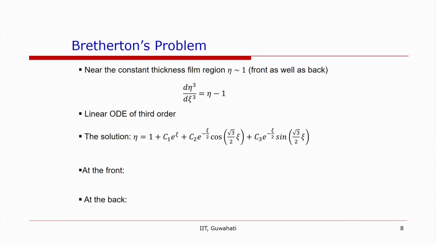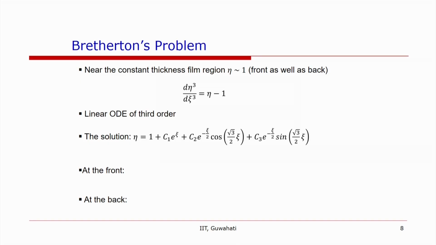Now we have looked at the solution of the equation d cube psi over d eta cube is equal to eta minus 1 over eta cube. For this equation we have obtained the solution in the region where eta is sufficiently larger than 1.